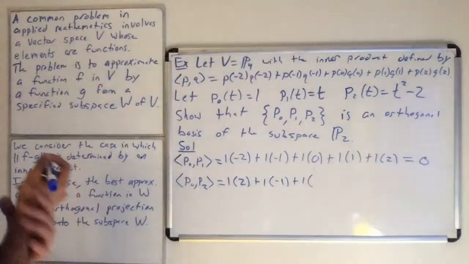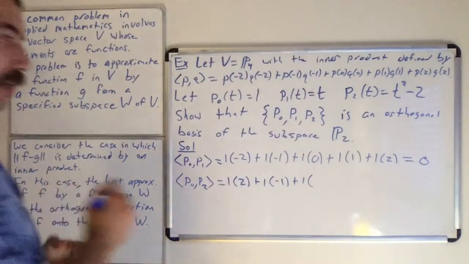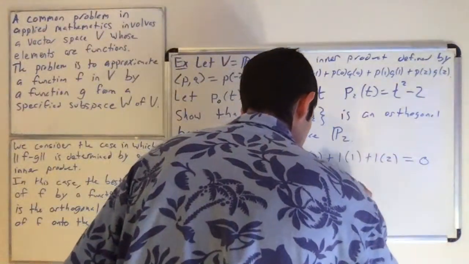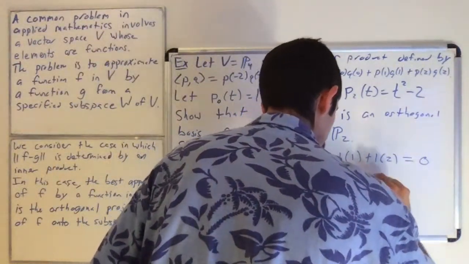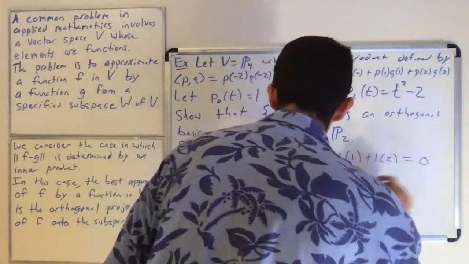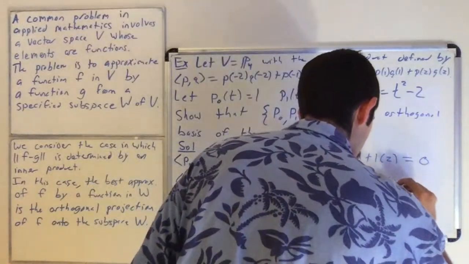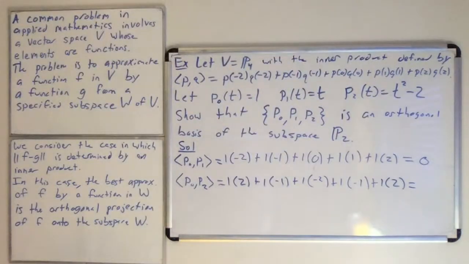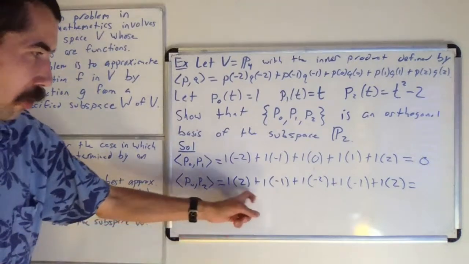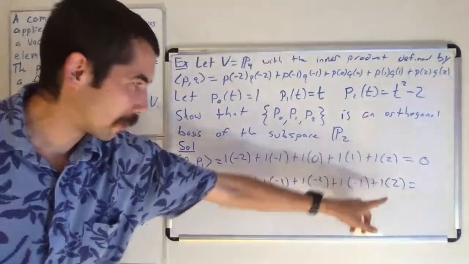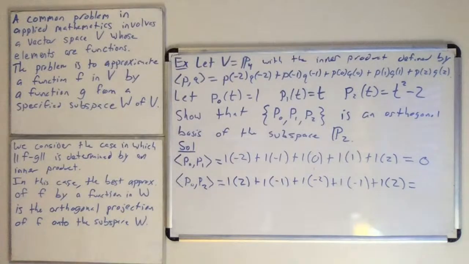T squared minus 2 evaluated at 0 is -2. This is an even function, so it works out to be this: 2 minus 1 minus 2 minus 1 plus 2. That's 0.